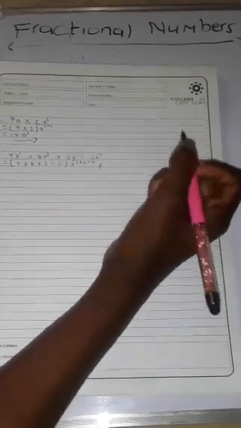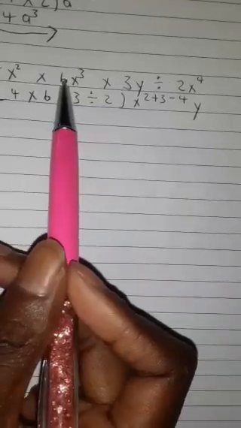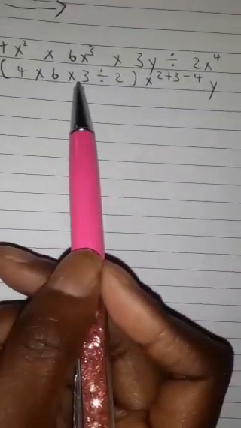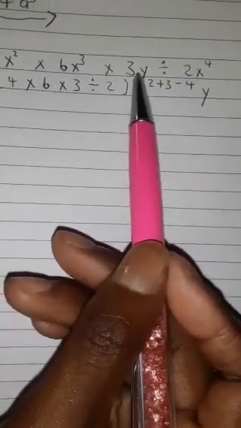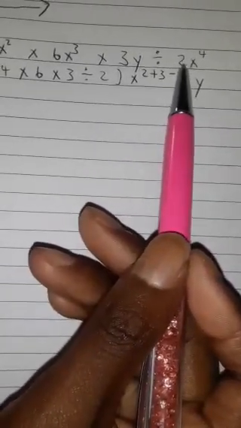Okay. Hope you can see it. So it's 4 times 6 times 3 divide 2, right?